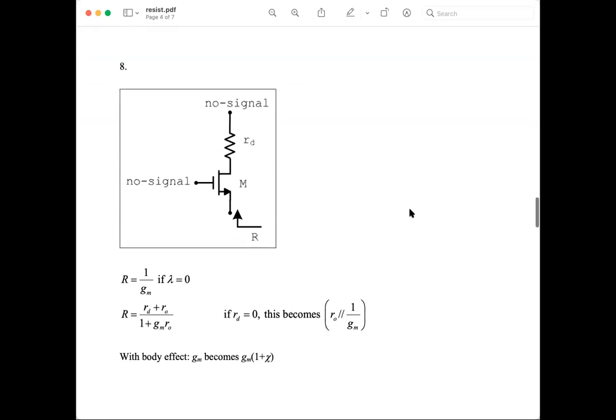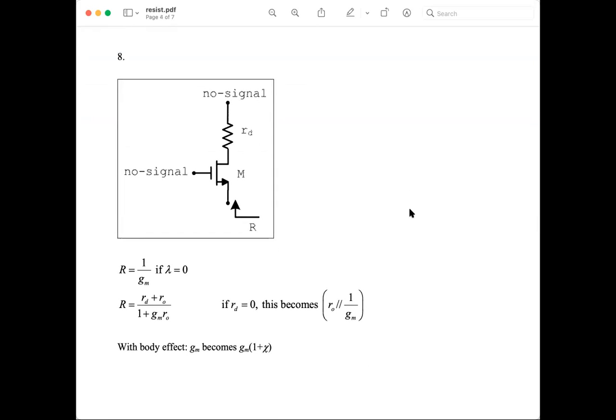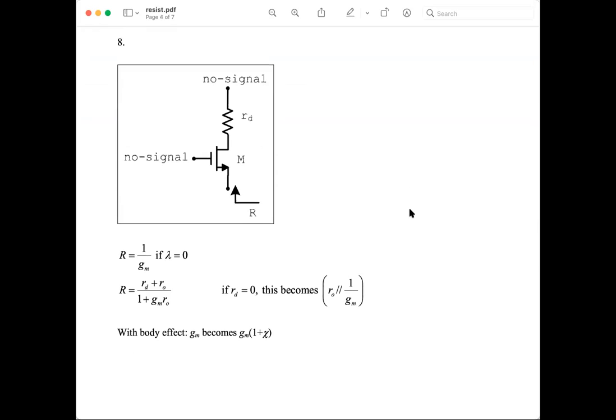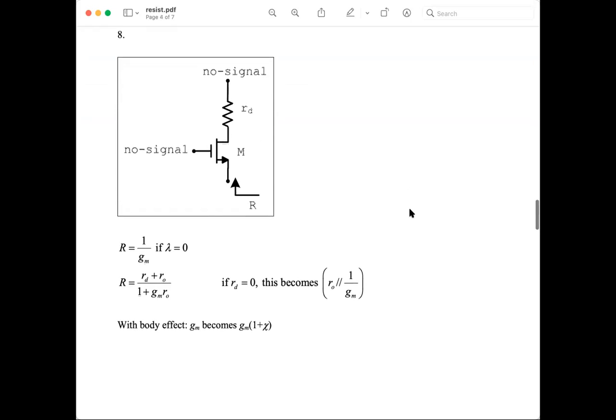This is the common gate. So here's a MOSFET with no signal at the gate and a small RD between drain and no signal. And if lambda is 0, if I neglect lambda, that is Ro is very, very large, I get 1 over Gm, and I get this formula if Ro is not very large, lambda is not 0.